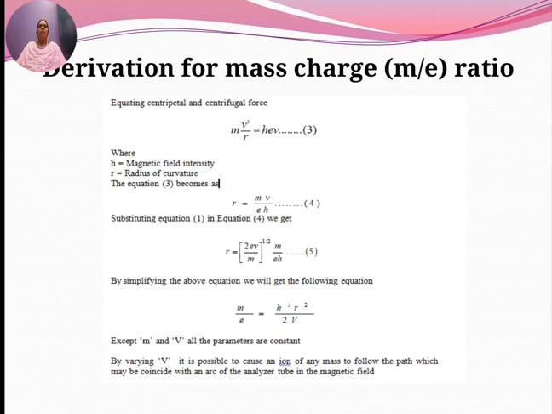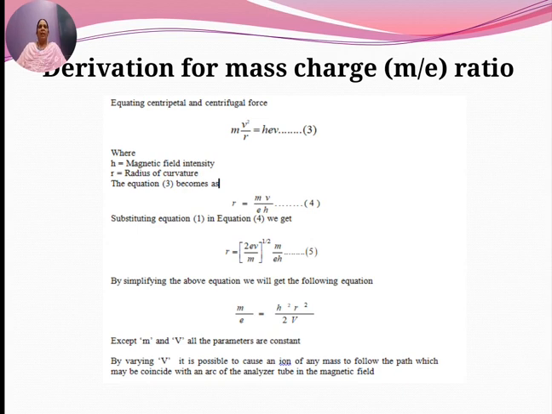So equation 3 now becomes, from equation 3 we will be finding the value of r. r is equal to mv by eH, m small v by eH. This is equation 4.